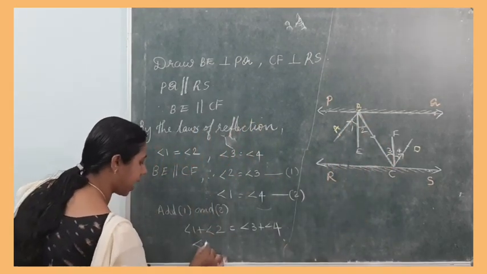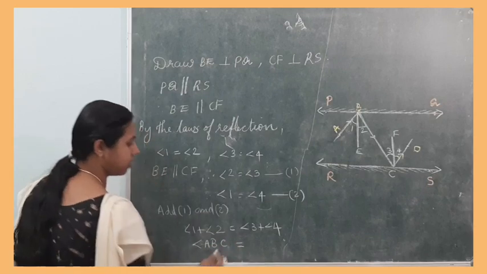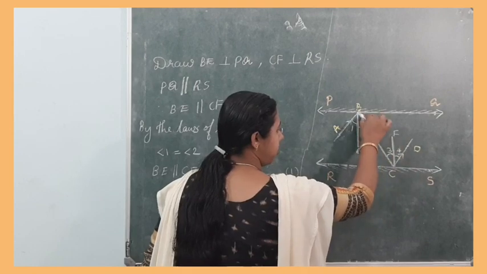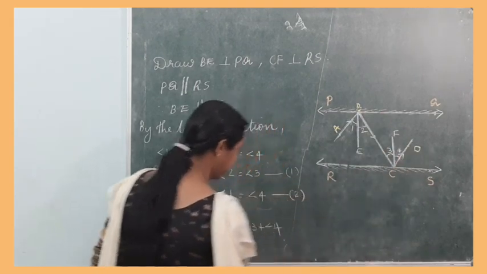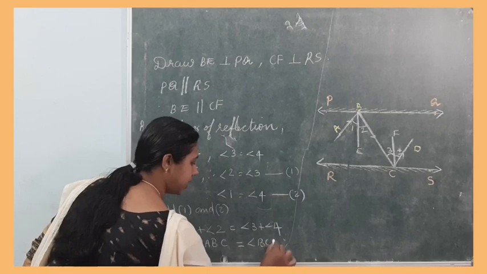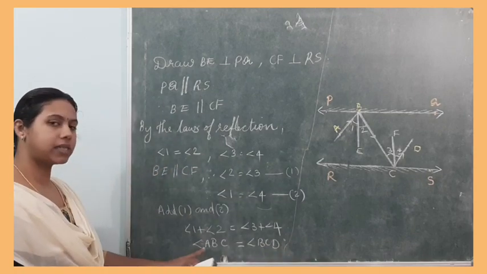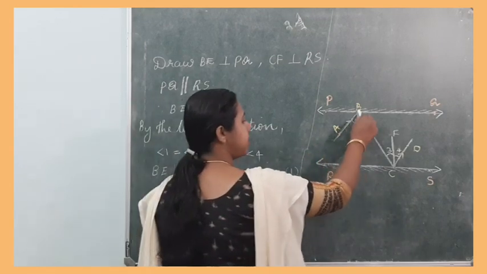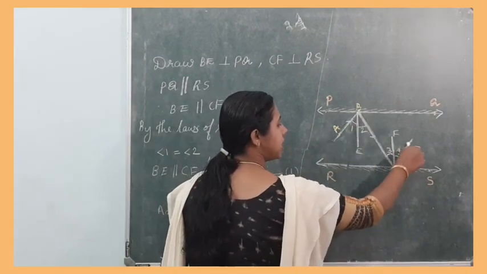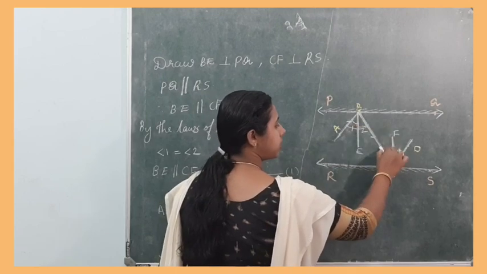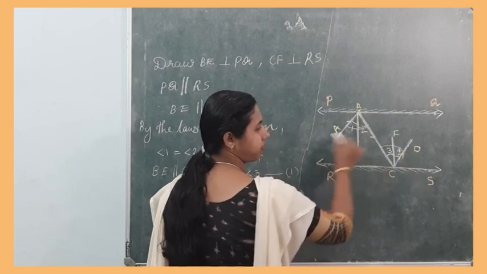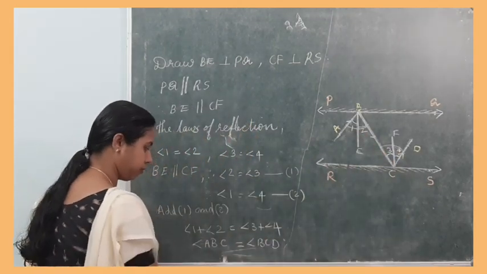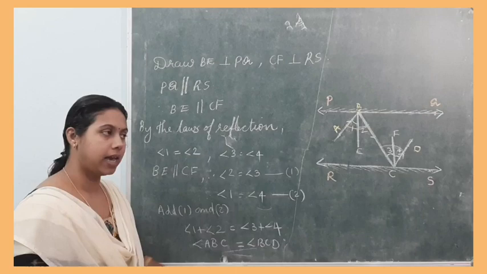So angle ABC is equal to angle 3 plus 4, the sum of these two angles, which is angle BCD. So angle ABC is equal to angle BCD. They are alternate angles, and we proved these alternate interior angles are equal.